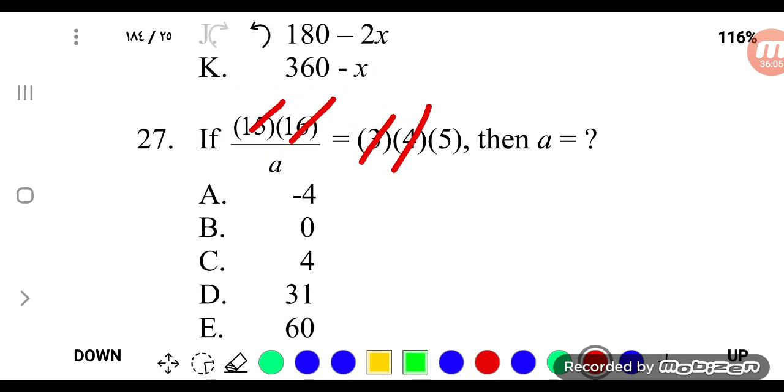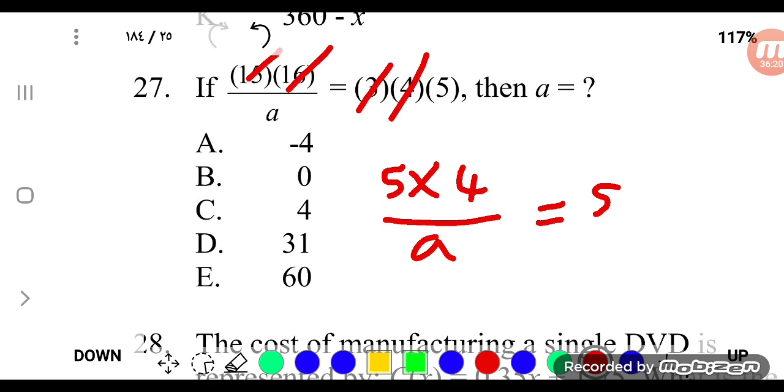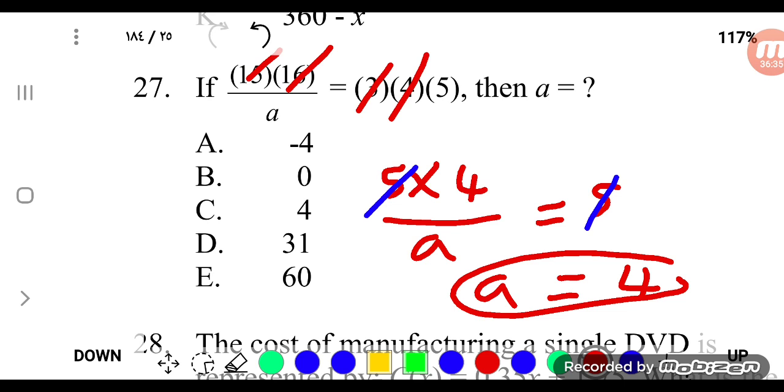So if you cancel 15 and 3, you get 5. 16 and 4, you get 4 times 4 over A is equal to 5. Now you can cancel 5 and 5. So you get A equal 4. Final answer option C.